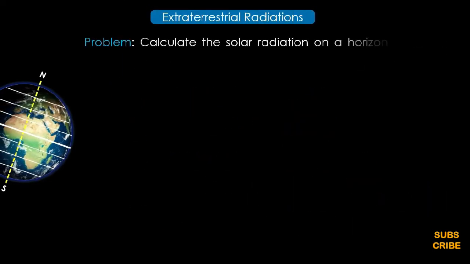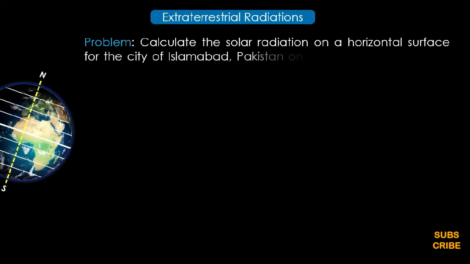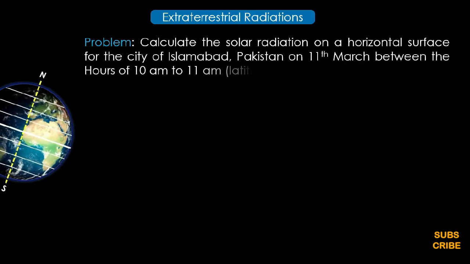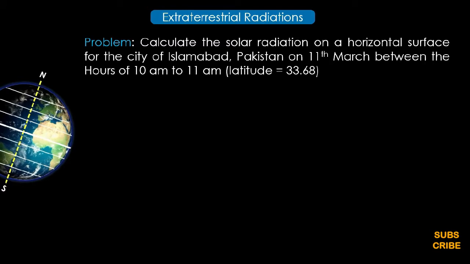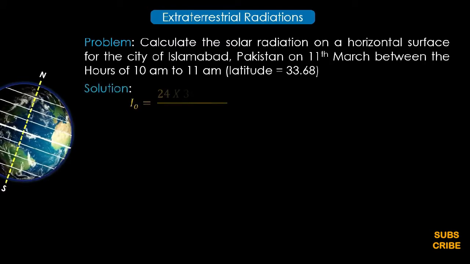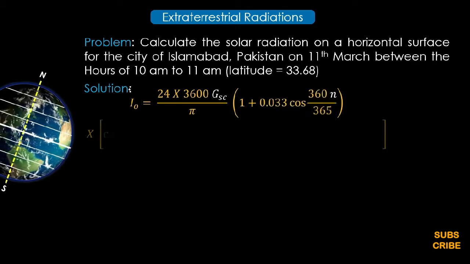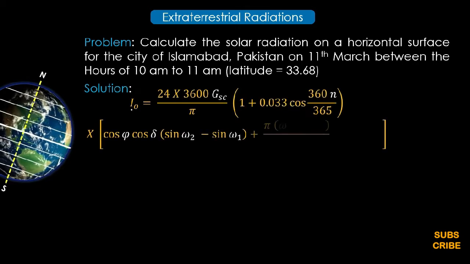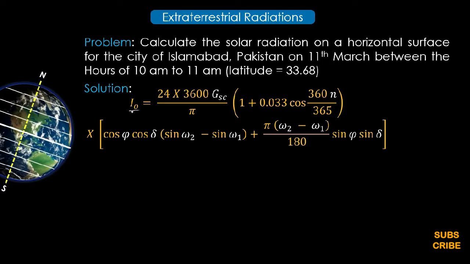Now let's calculate the solar radiation on a horizontal surface for the city of Islamabad on 11th March between the hours of 10 am to 11 am. To solve this, we have the expression with the symbol I naught. This is used for the calculation of solar radiation between any time interval of the day.